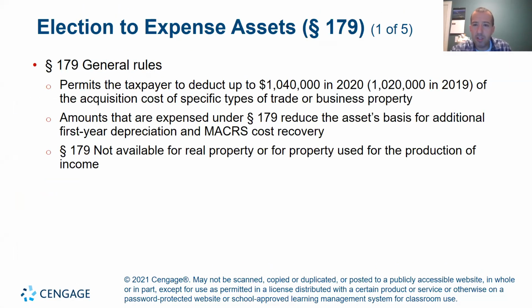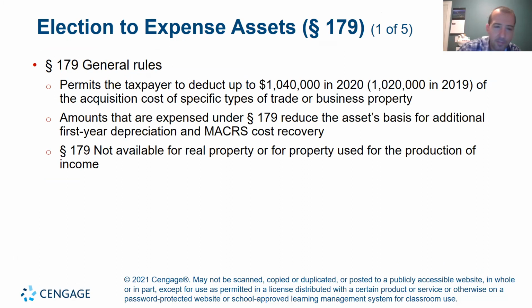Let's talk about the 179 rule. We have a special rule where you can deduct the full value of the asset up to $1,040,000 set in 2020, which I believe is the same for 2021. There might be a slight difference, but it should be the same.